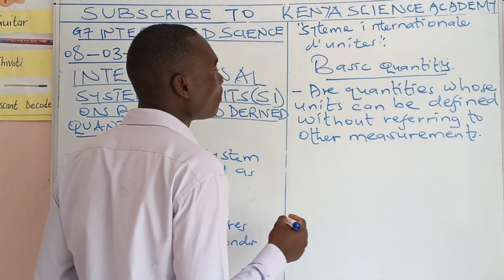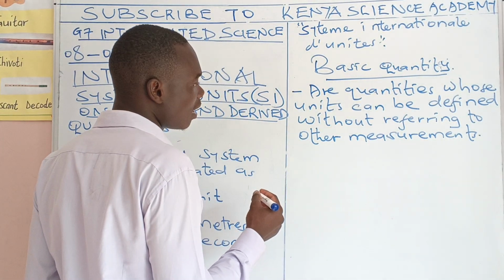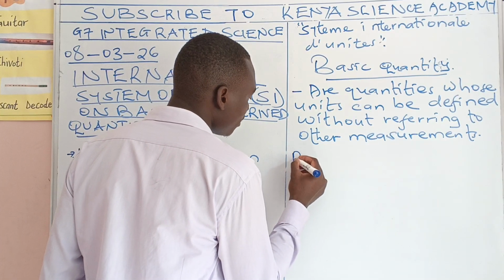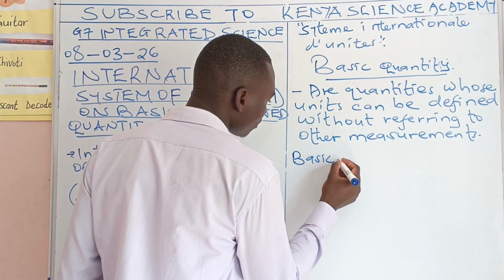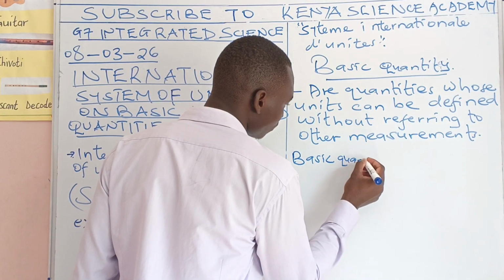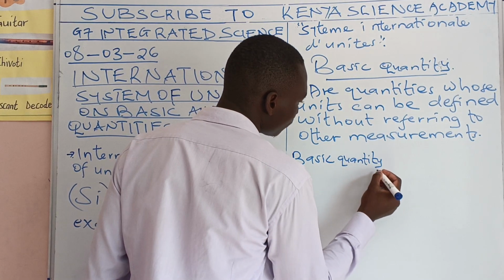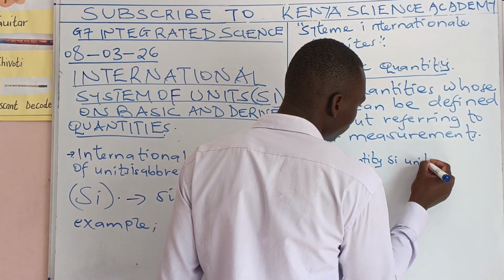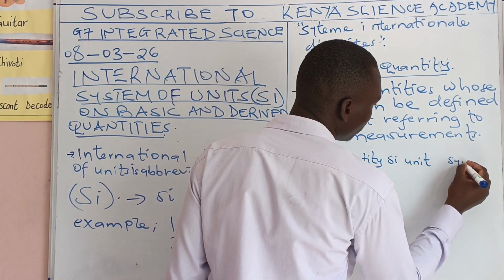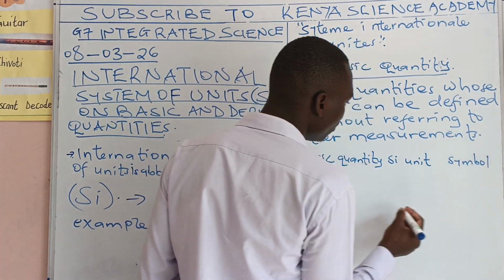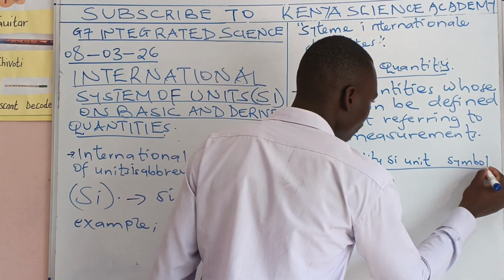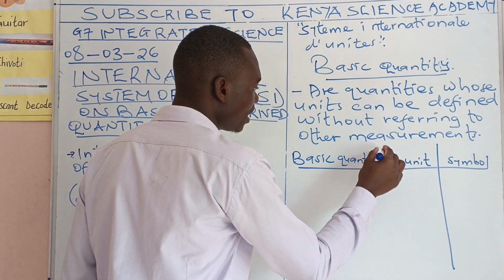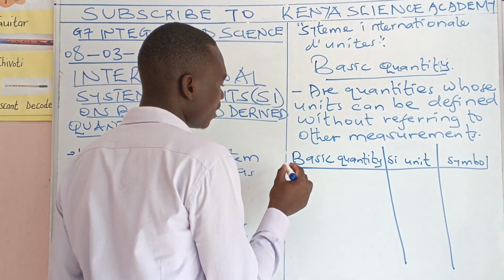So, examples of basic quantities. I would want us to have a table: this is the basic quantity, then this is the SI unit, and this is the symbol. Remember, these units have got symbols. So I want us to divide it in that manner. Very good.